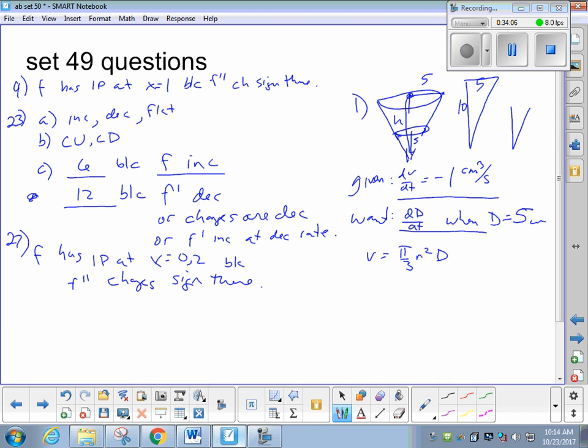So generally speaking, isn't the radius always going to be half the height, or the depth? If it conforms to the shape of the cup, it's always going to be that way. Now then, I can use that to substitute and get it down to d only if I plug that in there. Does that get you going? Okay. So maybe work with pi over 12 d cubed and you'll be rolling.